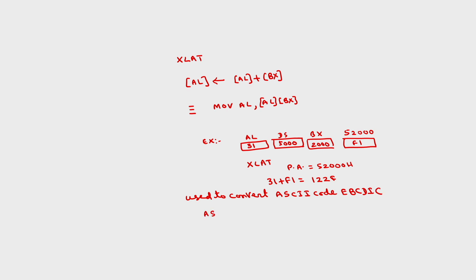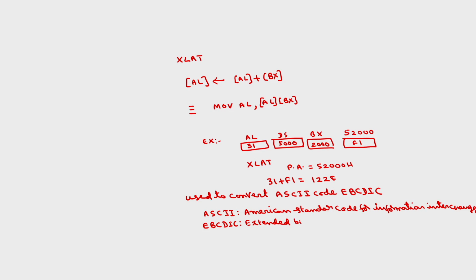ASCII stands for American Standard Code for Information Interchange, whereas EBCDIC is Extended Binary Coded Decimal Interchange Code.